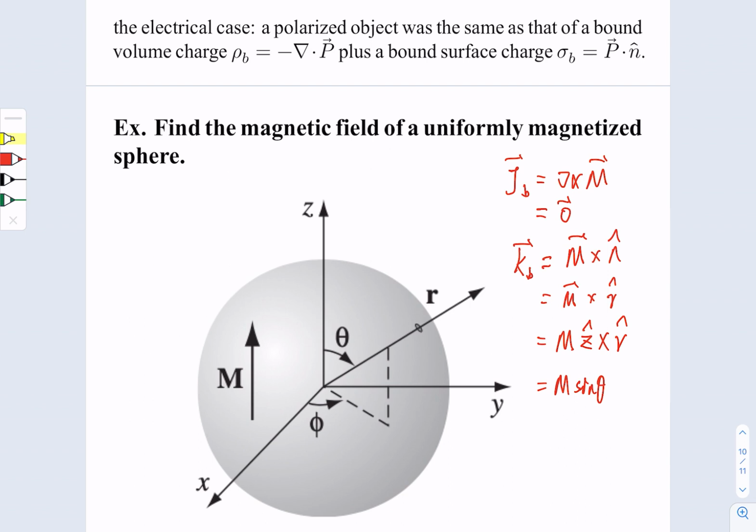So say for the point over here, the direction must be into the screen. That is along the phi direction, right? So here the K_b must be along the phi direction.